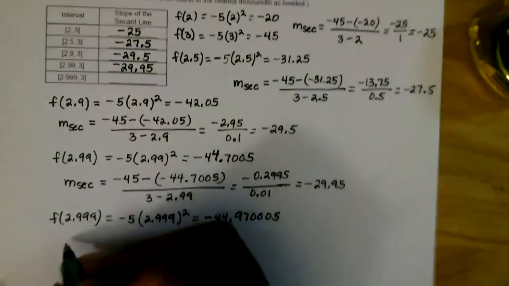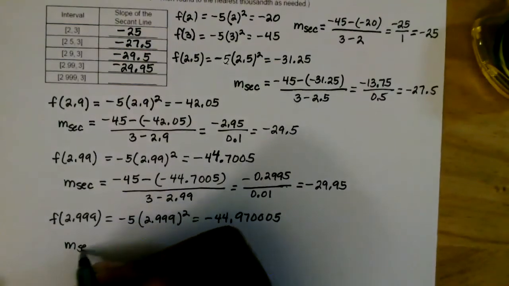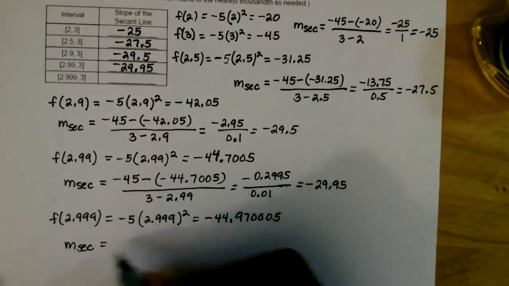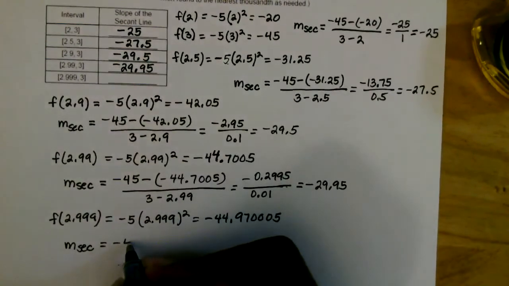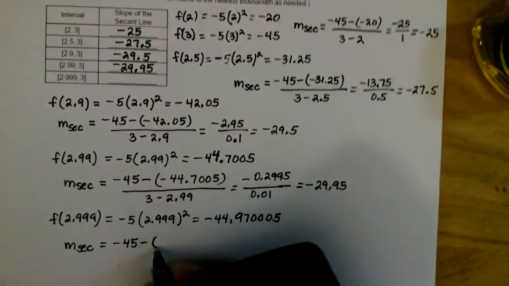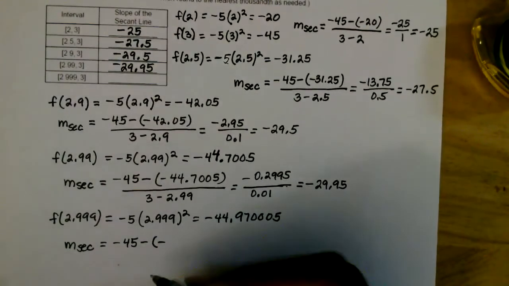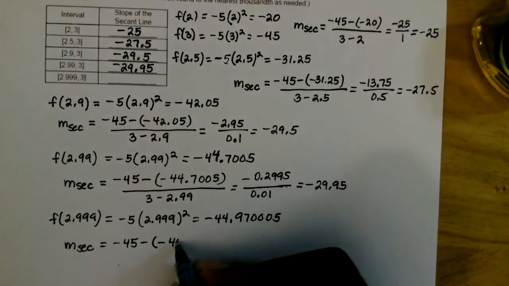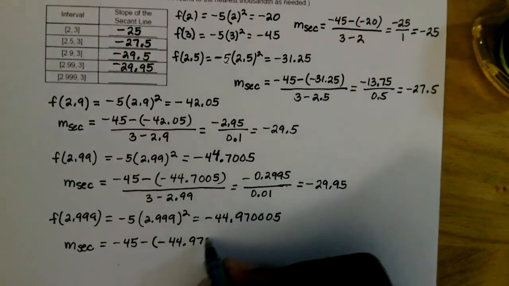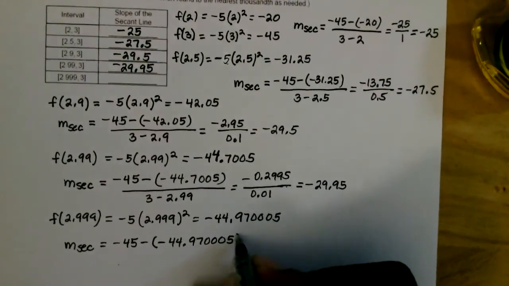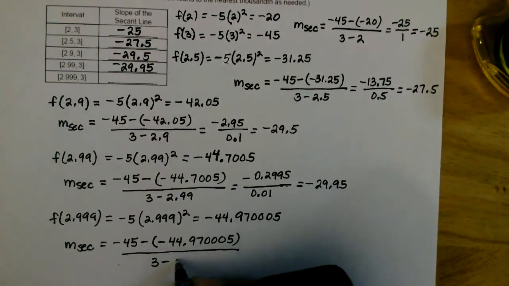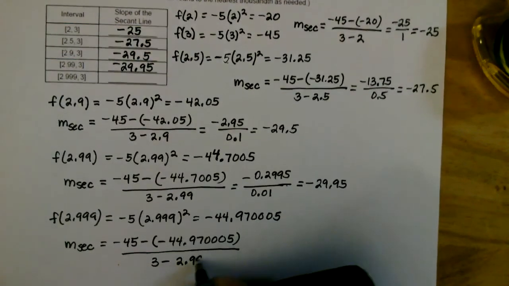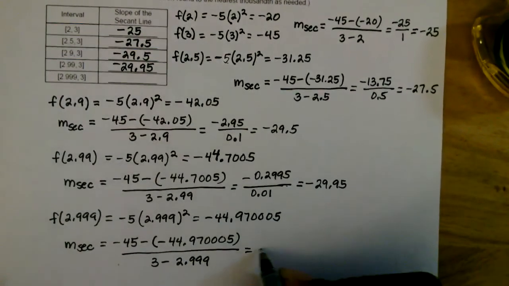And then the slope of the secant line is going to be f of 3, which was -45, minus f of 2.999, which is -44.970005. All that's divided by 3 minus 2.999.